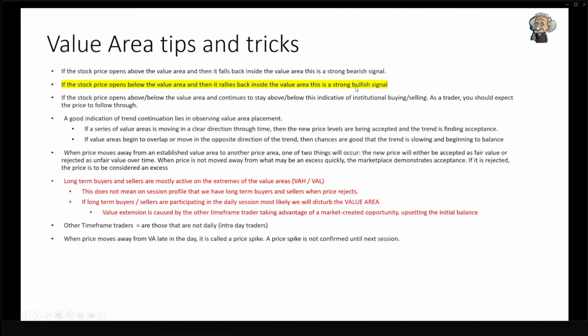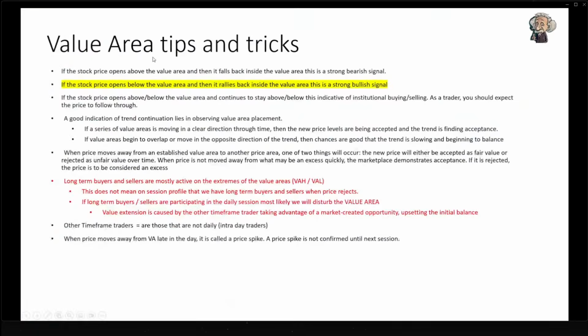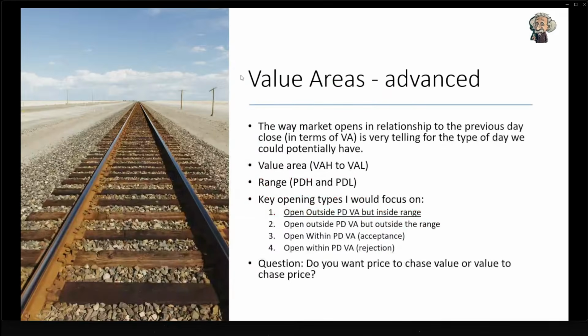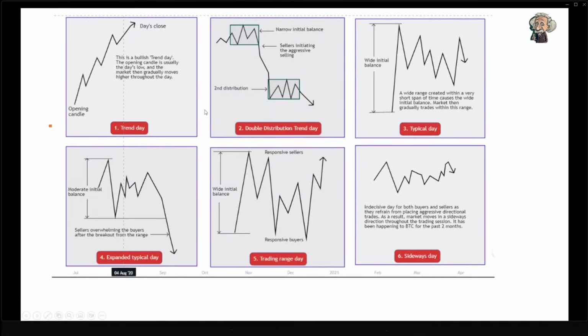I'm not going to go through every single one here because I think it will be a good stopping point, just because of the time. But we can pick up from the value and opening types. Once you understand and can recognize these types immediately, I think your trading will just naturally go up maybe 50% higher than if you add the components of the day types that we're going to talk about here.